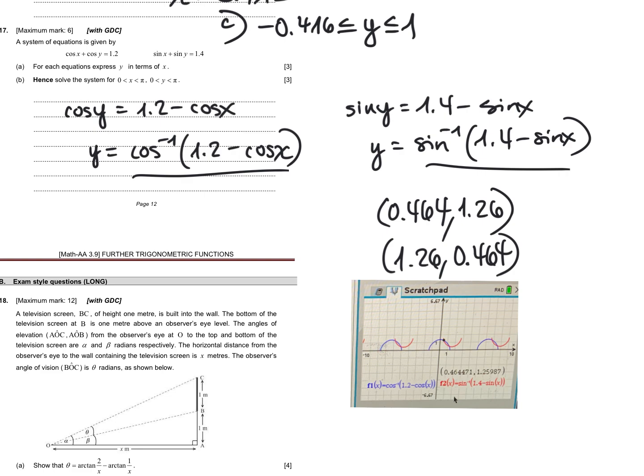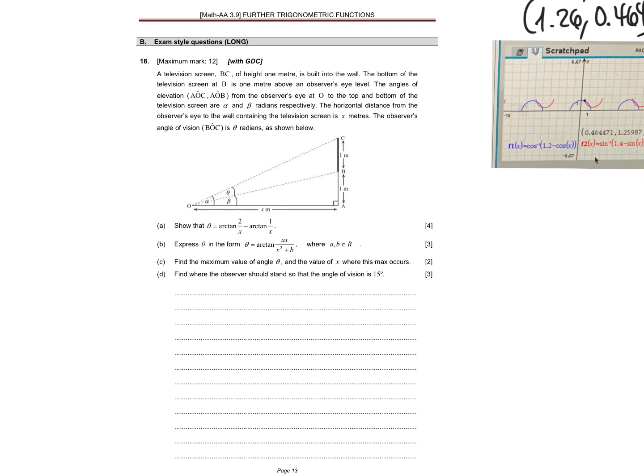So, 18. We've got this television screen, height of 1 meter, built into the wall. The bottom is 1 meter above the observer's eye level. Okay, so O is the observer's eye level.